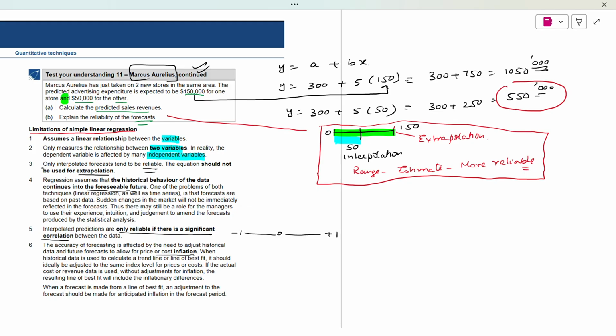So don't expect that the values will remain the same. But linear regression assumes that the values will be the same. That is one of the limitations of linear regression. Are you clear about this? Yes.